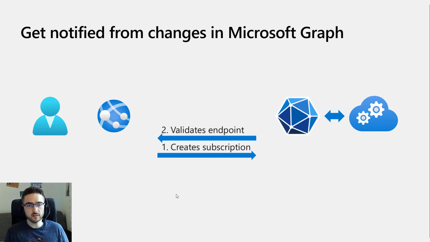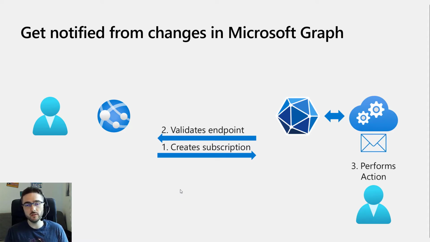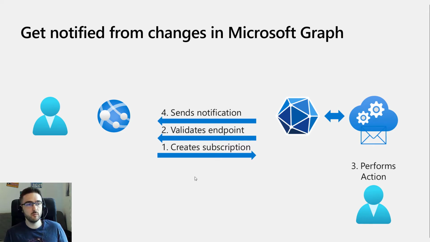So once you've done that, whenever a user or an application makes a change in the data and performs an action, it will trigger a notification from Microsoft Graph. So Microsoft Graph will call your endpoint and say, hey, something has changed over there, and then it's up to your application to say either I don't care and discard it, or go and get the changed data and understand what has changed, right?